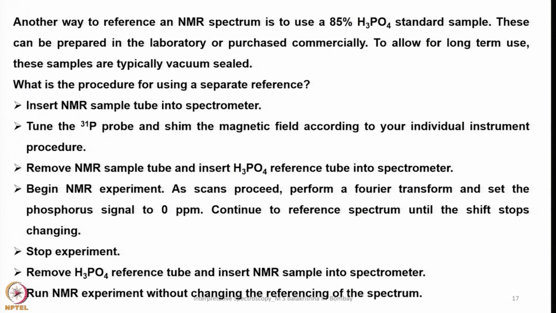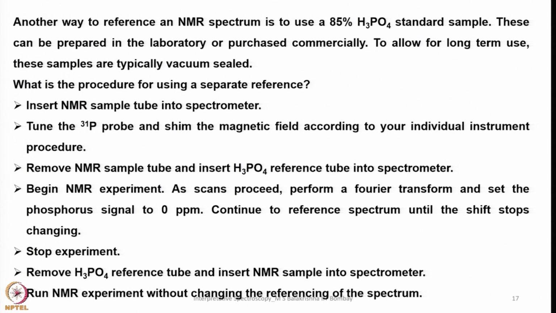Insert the NMR sample tube into the spectrometer, tune the 31P probe and shim the magnetic field according to your individual instrument procedure. Remove the NMR sample tube and insert the phosphoric acid reference tube into the spectrometer. Begin the NMR experiment. As scans proceed, perform a Fourier transform and set the phosphorus signal to 0 ppm.